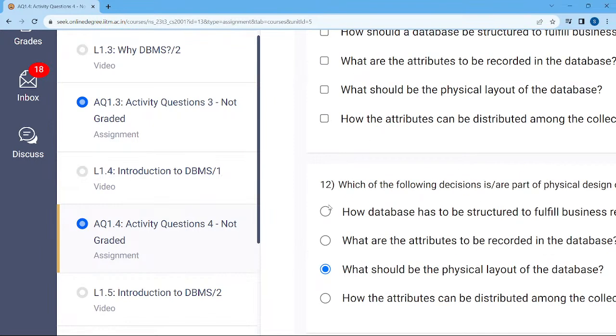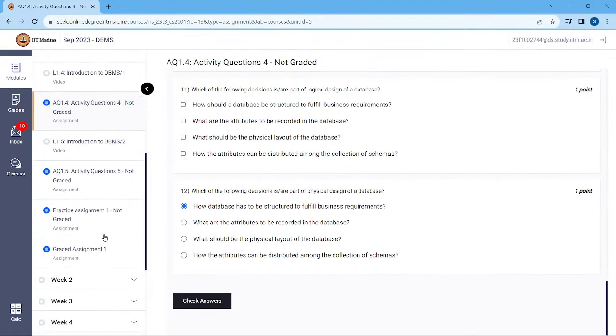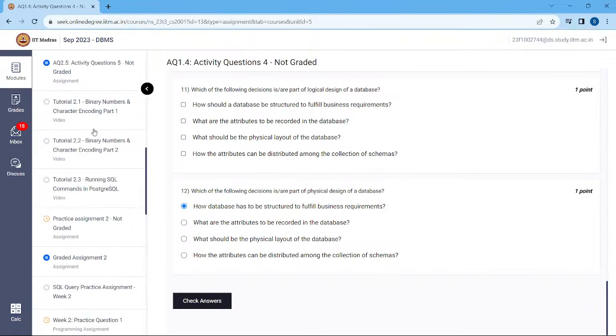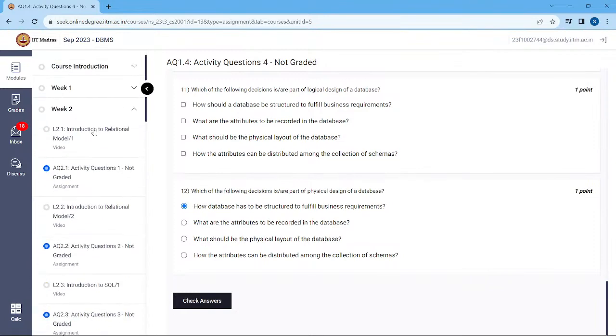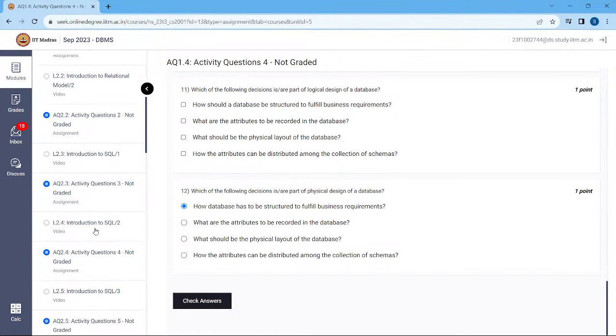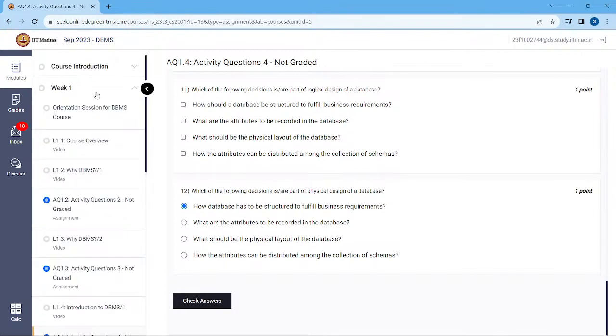Let me see, was it three lectures or four? I guess it was three. Introduction to DBMS 1 and 2, then introduction to the relational model, introduction to SQL. Introduction to SQL is different from introduction to DBMS. No worries.